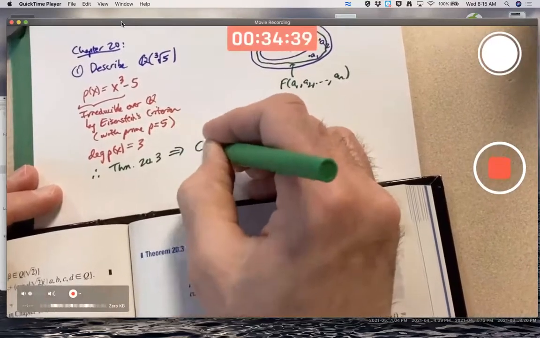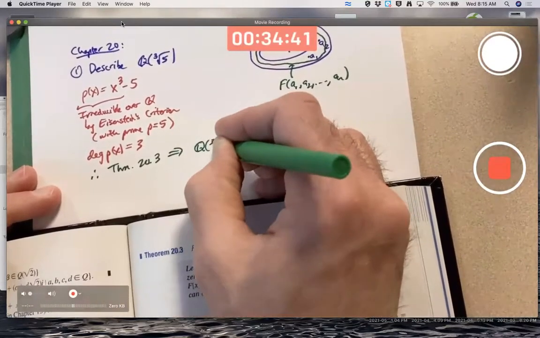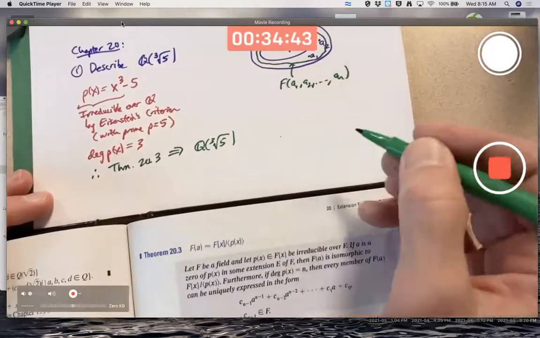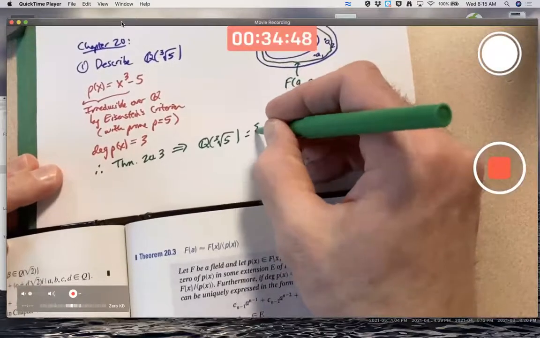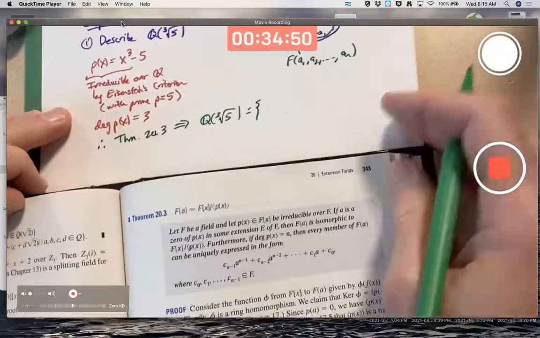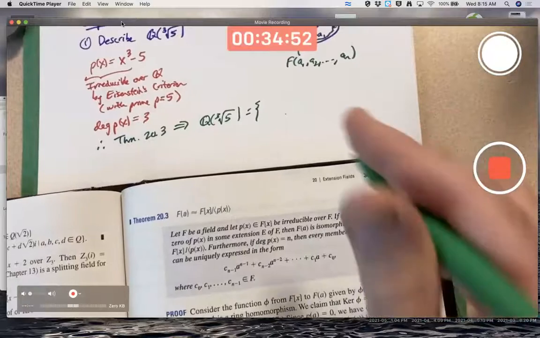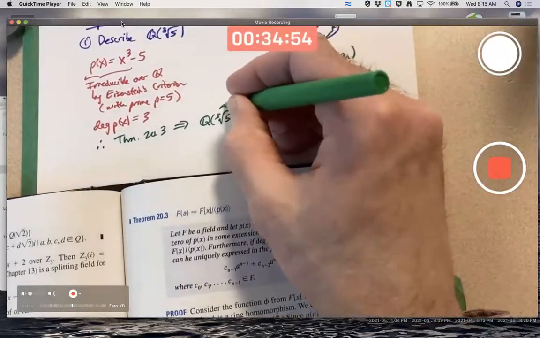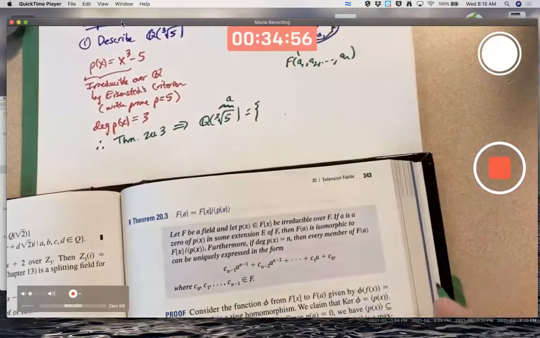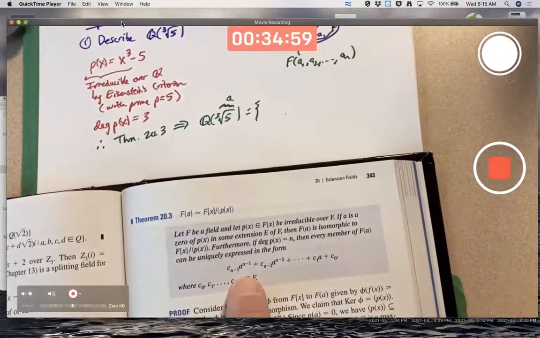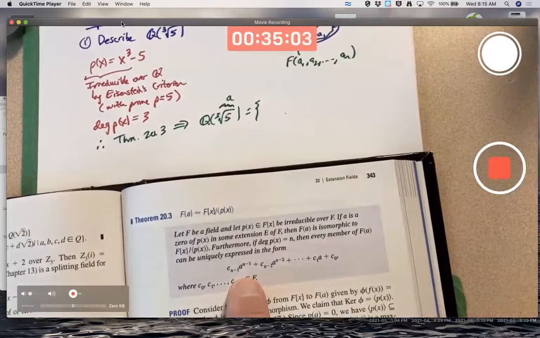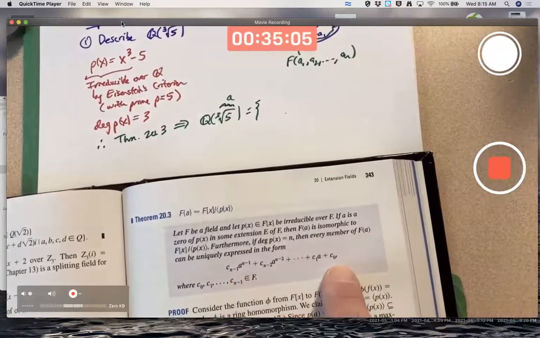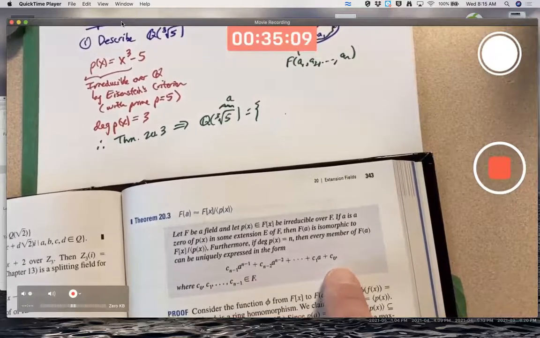we can describe Q of cube root of 5 as the set of all linear combinations of powers of a, this is the a here, up through the n minus first power. n is 3, so that's going to be up through the second power, and the first power, and a constant term, really meaning a linear combination where one of the basis vectors is 1.